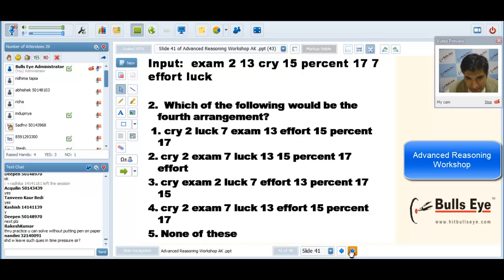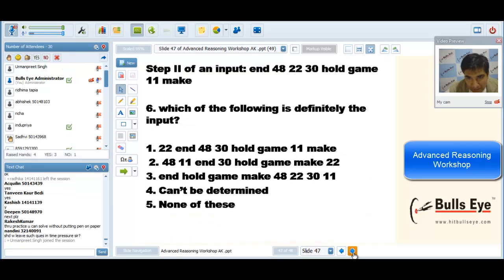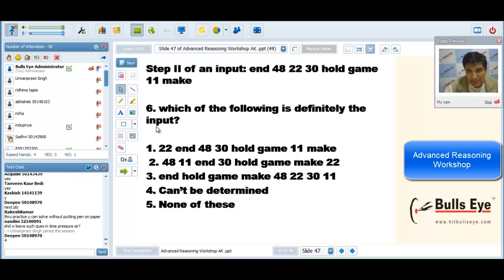People, due to lack of time, I'll tell you another type of this. Now please read this type. This is important. It says step 2 of an input is end, 48, 22, 30, hold, game, 11, make. Now the question is, which of the following is definitely the input?